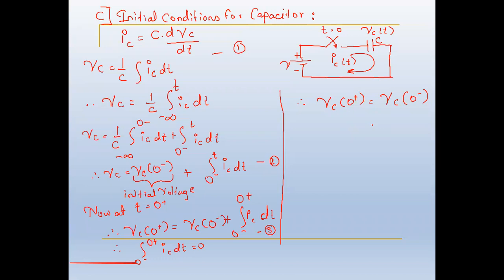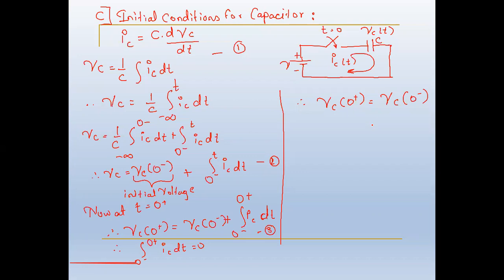Before switching, the capacitor is charged to voltage V0, which represents the initial voltage across the capacitor. Therefore, at t is equal to 0 plus, the capacitor acts as a constant voltage source of value V0. And now at t is equal to infinity, under steady state condition, the capacitor gets fully charged and acts as an open circuit.